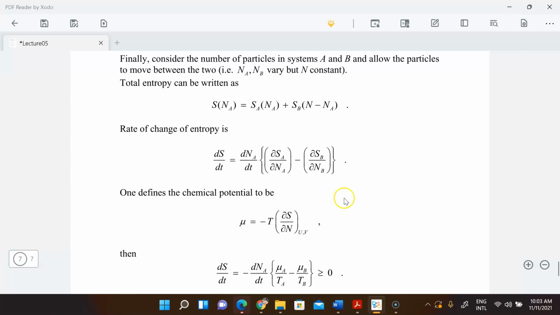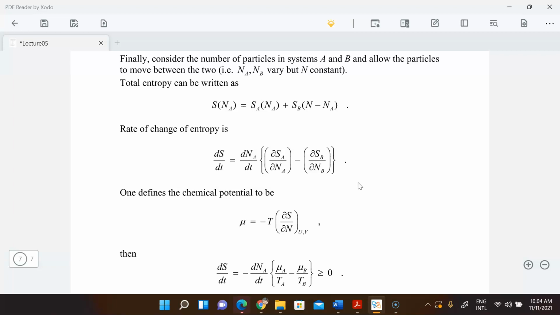Again, we do the differentiation with respect to time to see how this evolves. You find that you have the chain rule applying here. So you differentiate Na with respect to t, and then you look at the changes of the entropy with respect to the particle number. Previously we have not covered these changes in terms of number of particles.